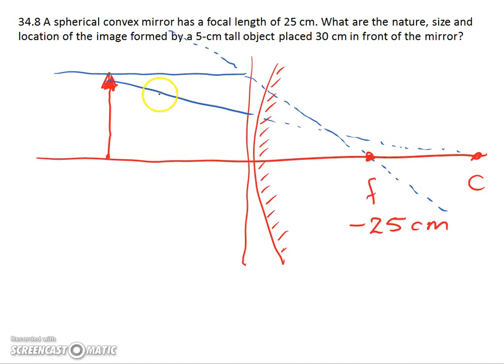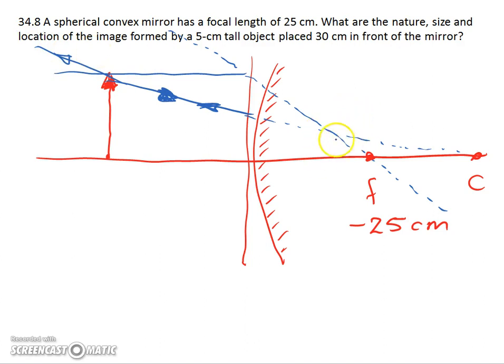And that ray will be reflected back along its own path, because it will strike the mirror at 90 degrees. And therefore it will appear to have originated from behind the mirror.